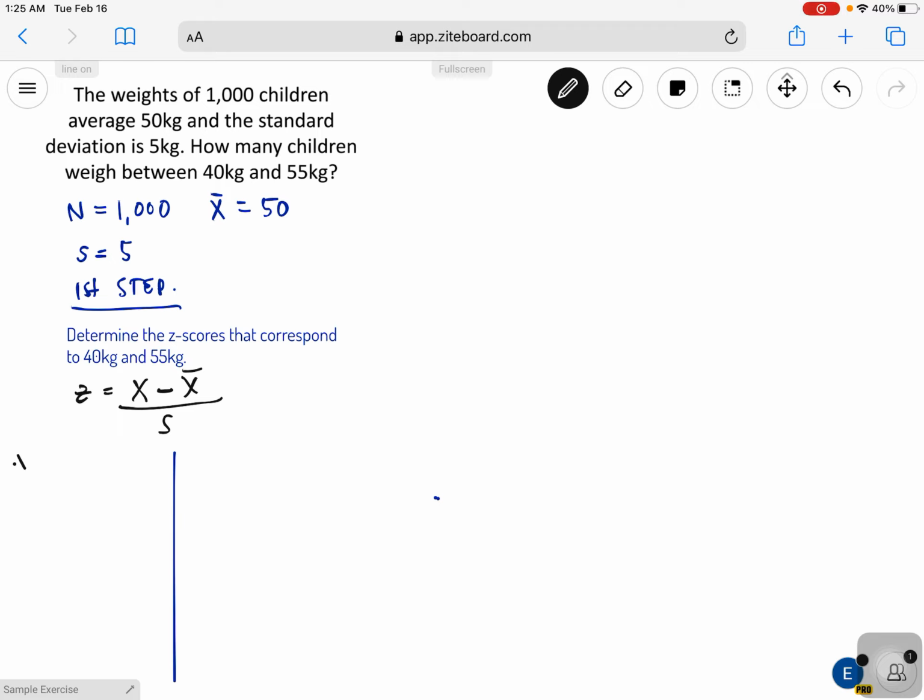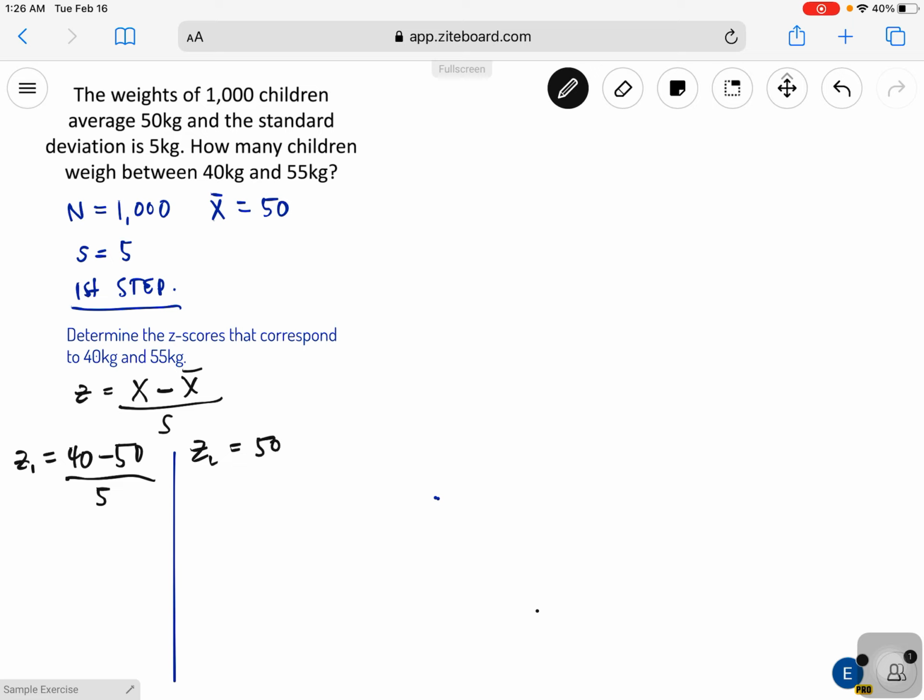So z sub 1 is equal to our raw score, x sub 1, which is 40, minus our sample mean, which is 50, all over our sample standard deviation, which is 5.